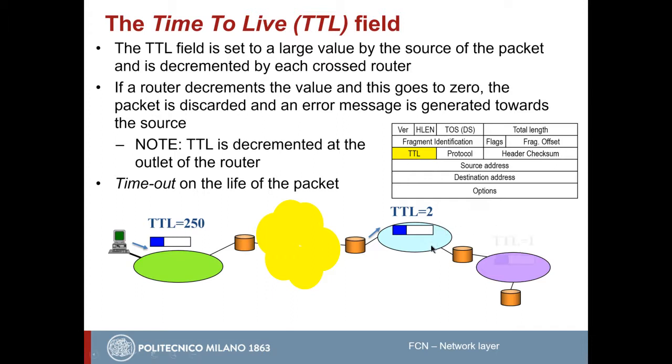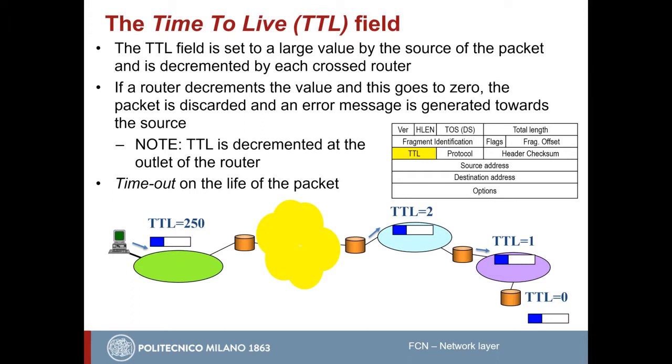The packet is forwarded to another router, and the time to live arrives to 1. At a second router, the time to live arrives to 0. At this point, before being forwarded to an output interface of this router that sets the time to live to 0, the packet is discarded.